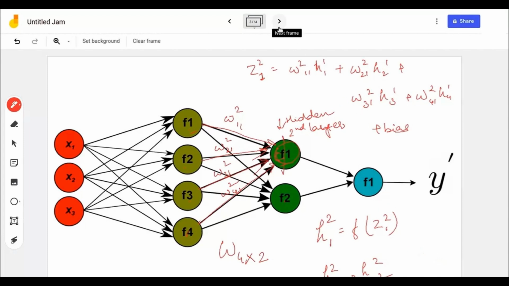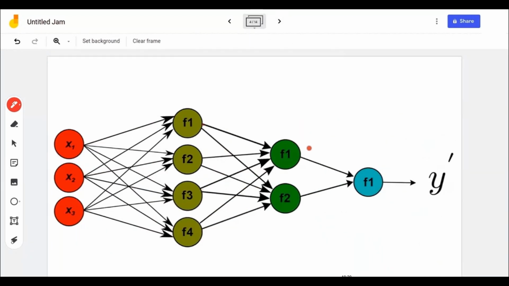Okay, now the final part. So we have 2 outputs here. So this is H21, this is H22. You have passing them here. What will be the weights? First node going into the first one, W11. Now the third layer. This is the final output layer. Then here W21 for the third layer, right?